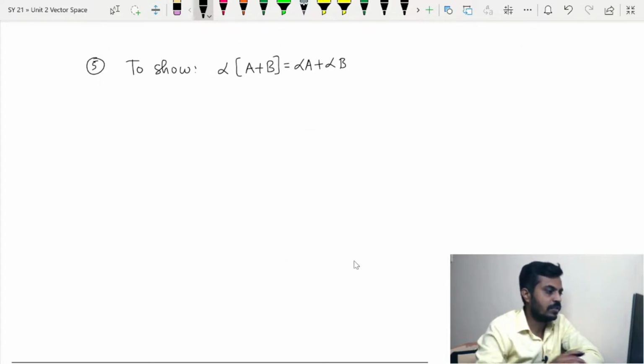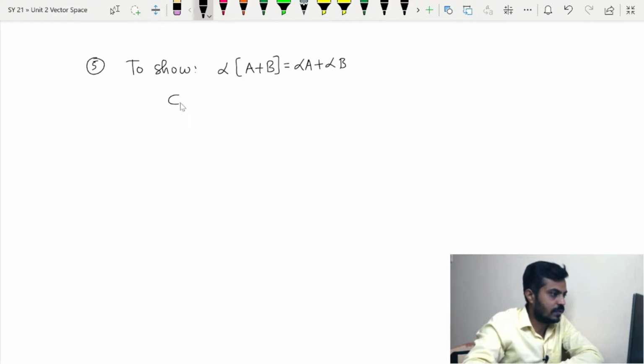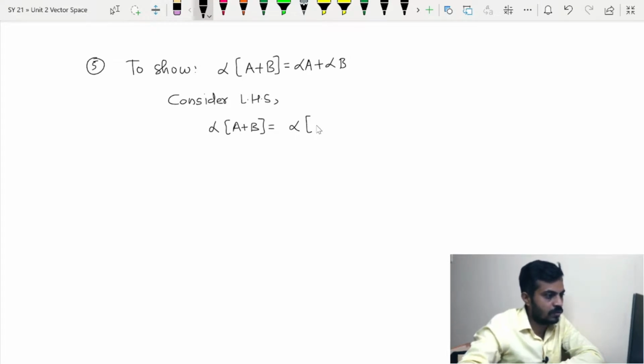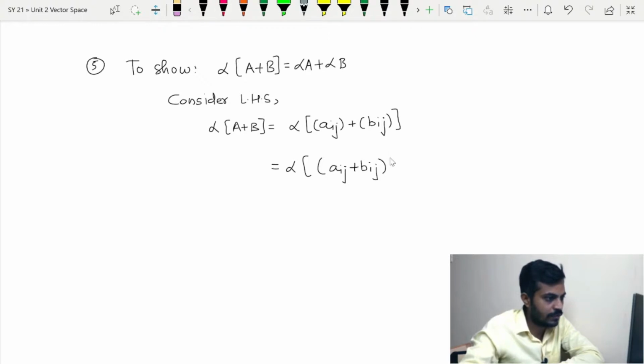I will start with the LHS. Consider the LHS, that is alpha of a plus b, which will be equal to alpha, put the values of a and b, that is Aij plus Bij, and we know that the addition of matrices is defined in this way. Now there is no need of writing these brackets.